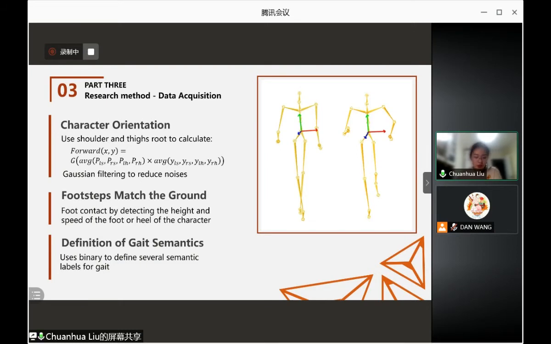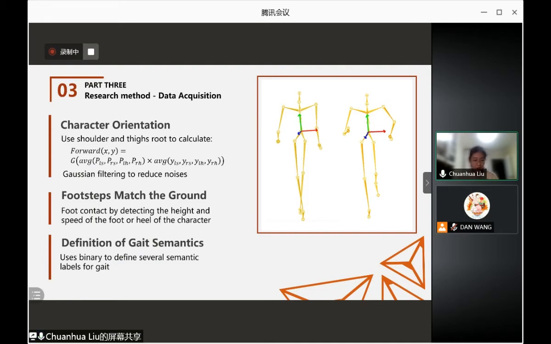Like the picture on the right, both these two men walk toward the screen, but the root joints of these two characters are not normal to the screen. So we use the shoulders and the thigh rules to calculate the character orientation, and Gaussian filters to reduce the noise when we capture the character motion data.